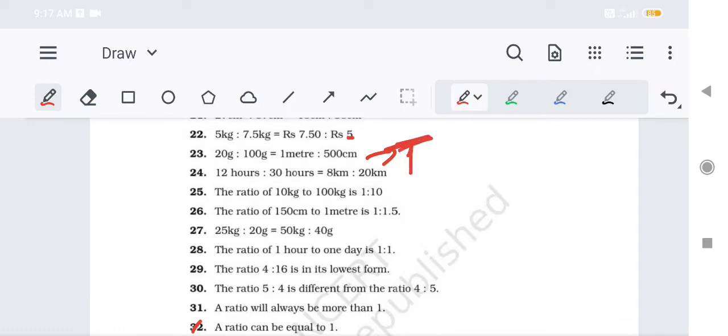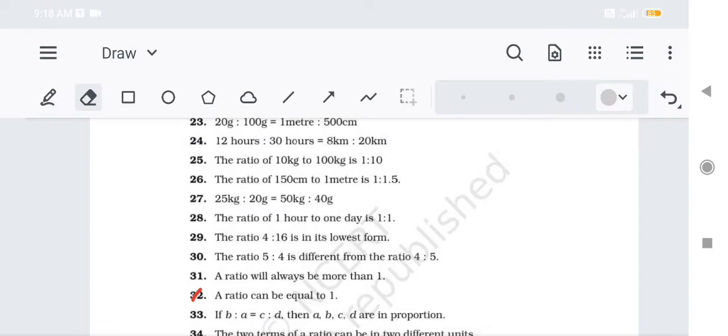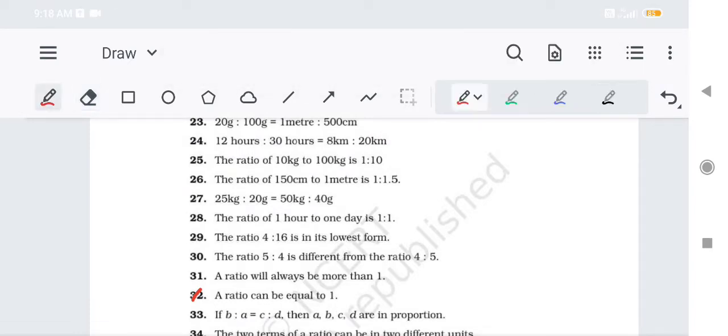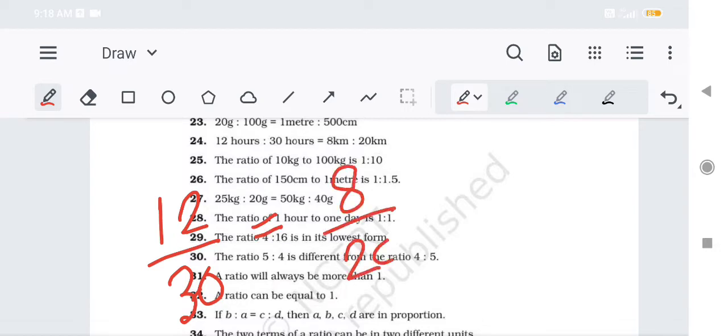Let's come to the next one. In the next sum, question number 24, the same thing is given. Here 12 hours is to 30 hours. See, I am not writing the ratio, I am simply converting them to fractions. Now 8 kilometer to 20 kilometer. Okay, now we will simply reduce them.